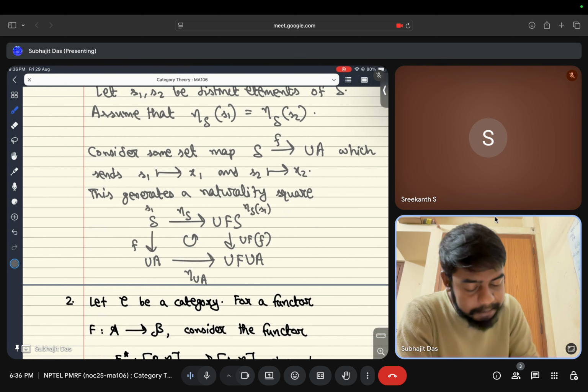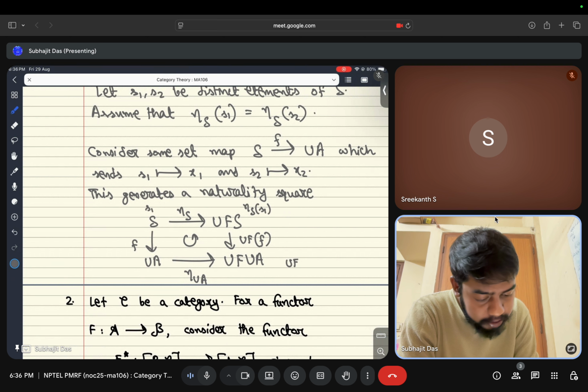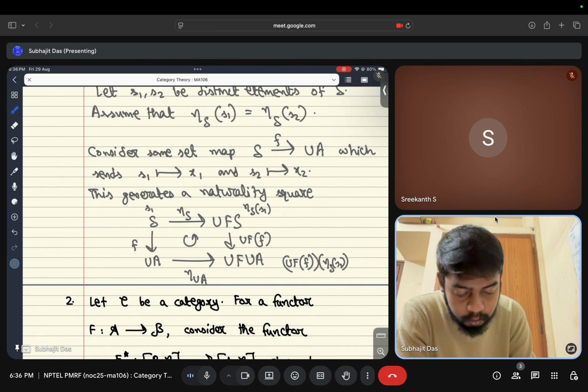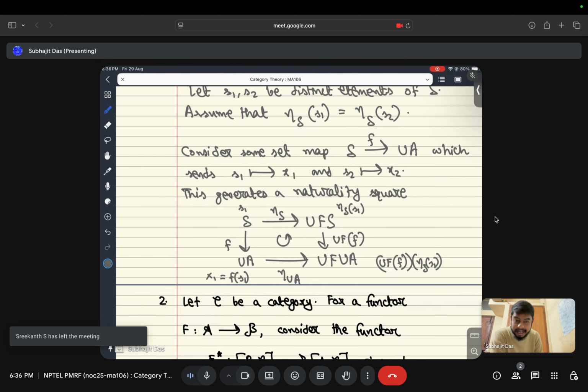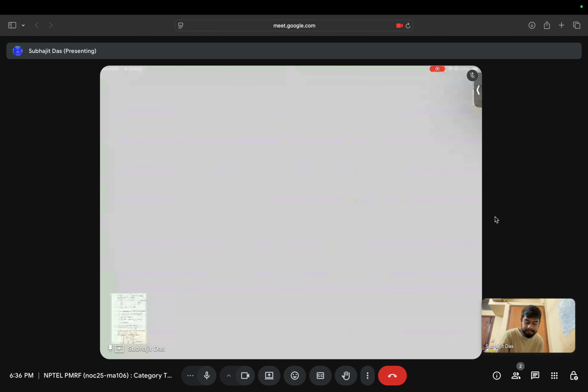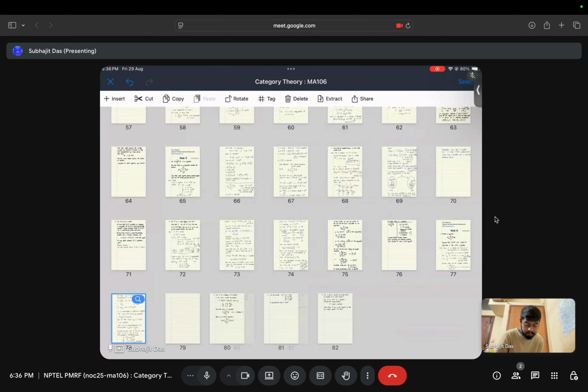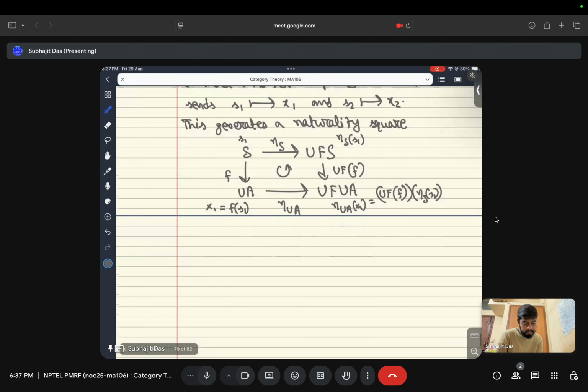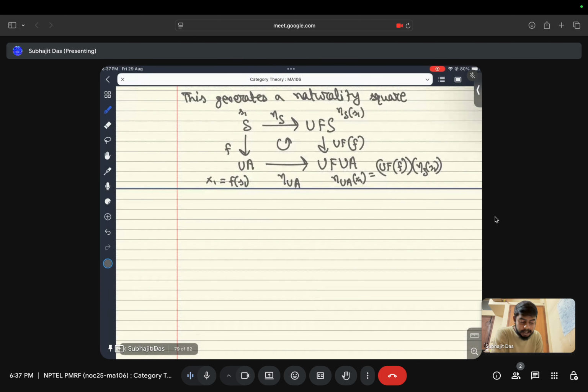Under UFF it gets mapped to UF F applied on eta S S1, right? If you follow the other path, you have F S1, which is x1 by your assumption, and eta at UA applied on this is eta at UA applied on x1. This should give you a contradiction.